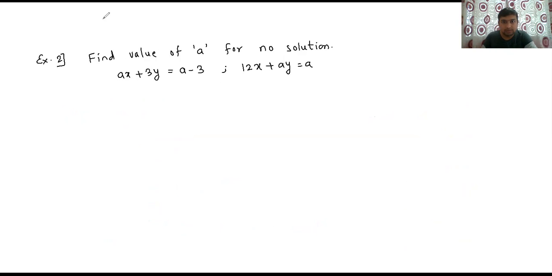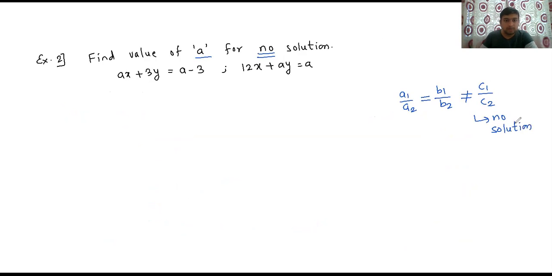Find the value of A for no solution. What is the condition for no solution? Okay, we'll write the condition here. Condition is A1 upon A2 should be equal to B1 upon B2, but it should not be equal to C1 upon C2. This is the condition for no solution, right?